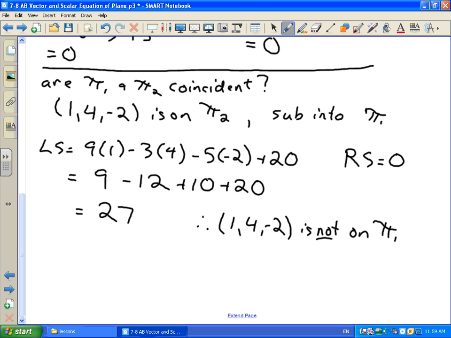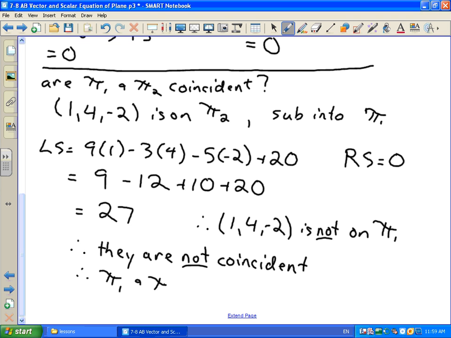So the two planes are not coincident. Therefore, they are not coincident, so they must be parallel and distinct. So plane 1 and plane 2 are parallel and distinct.